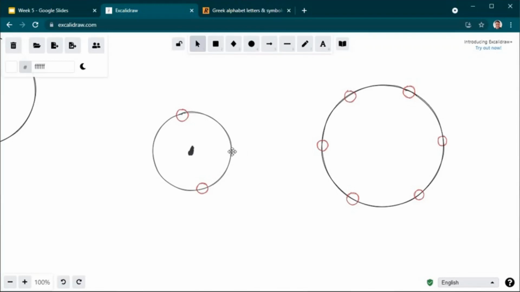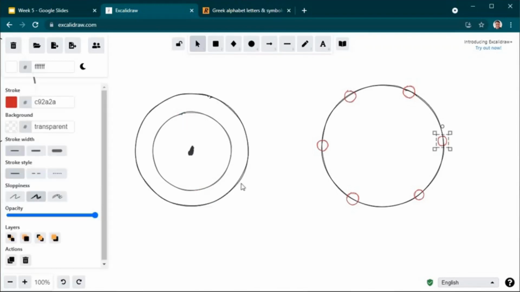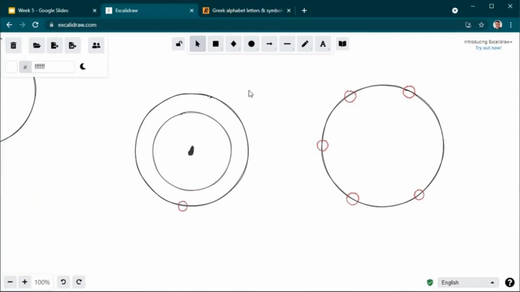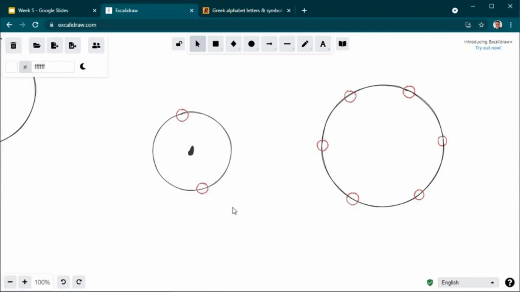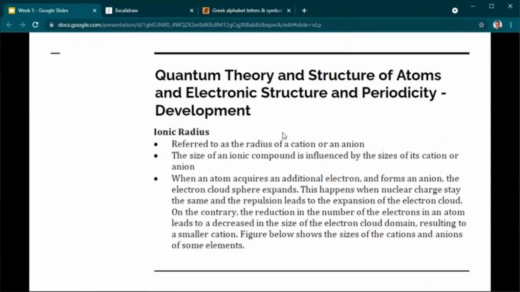Okay, but as you've noticed, this is supposedly the original orbit, right? But after donating, the orbit will disappear. So the atom will have a smaller radius. That is ionic radius. That is not atomic radius. Okay. And this one, no change. So that is the ionic radius.